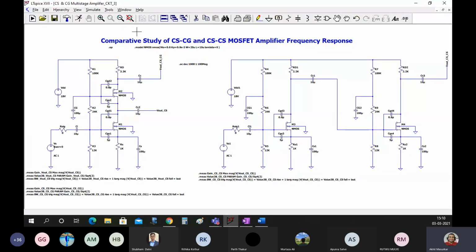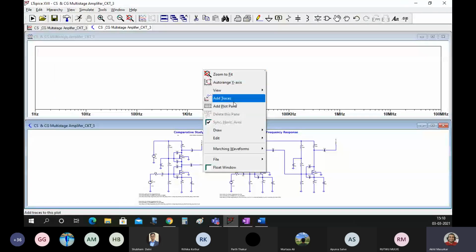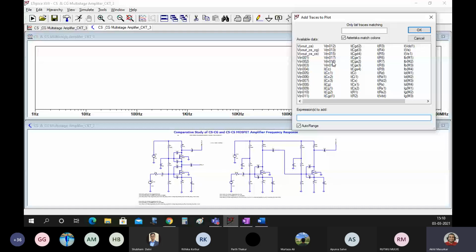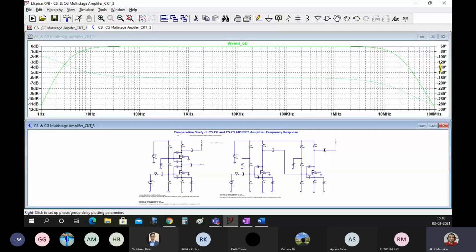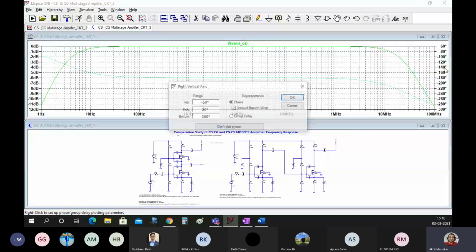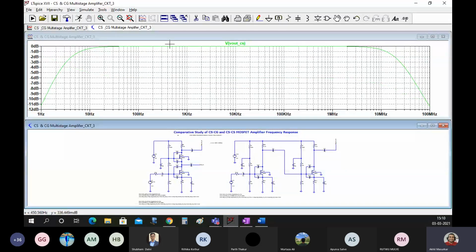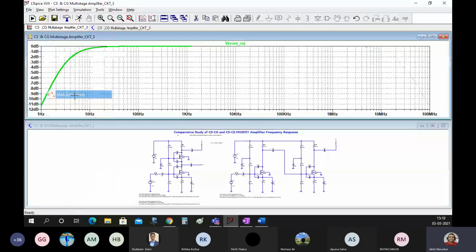So here I am adding the traces. First is Vout CS. You can see that gain is 0 dB. Go to plot settings and you will get this slightly thicker line. The output of this is 0 dB, which is exactly what we are expecting.